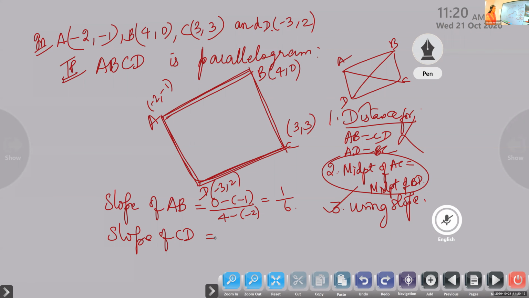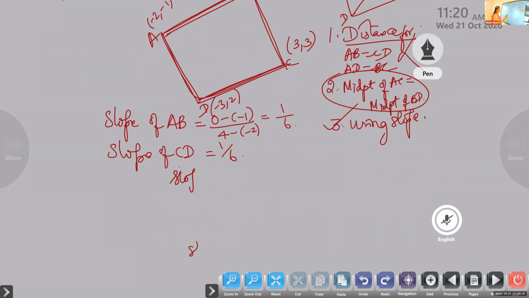What about the slope of CD? Are they the same? Aditya, what is the slope of CD? Ma'am, 1 by 6. Therefore, the slope of AB is equal to the slope of CD, so you will get AB parallel to CD.